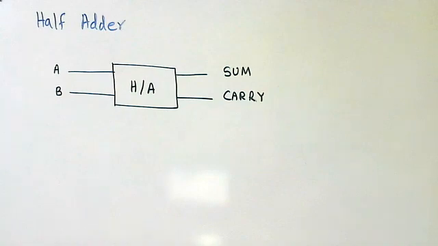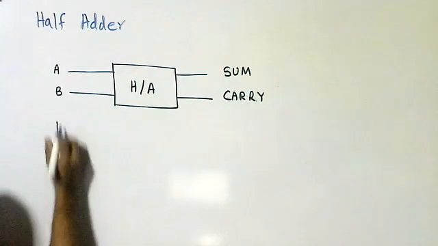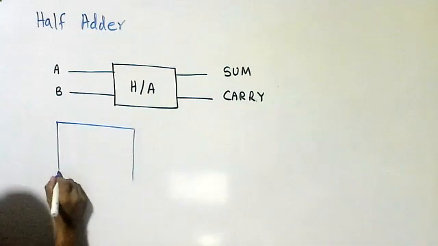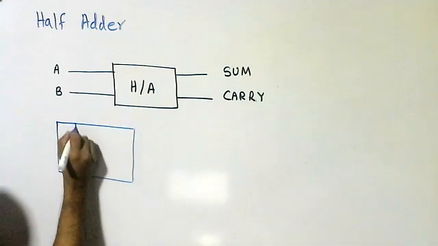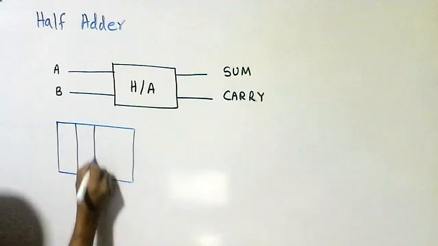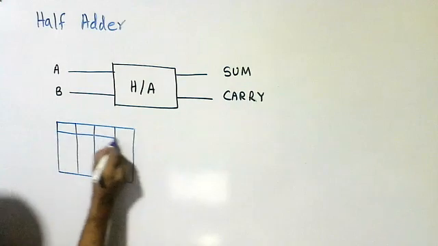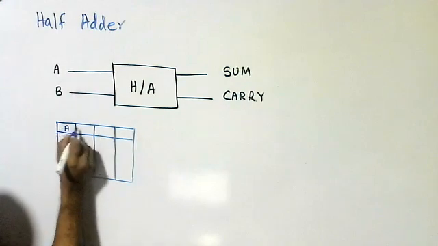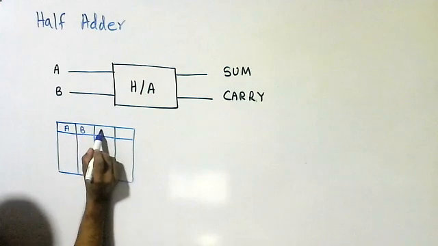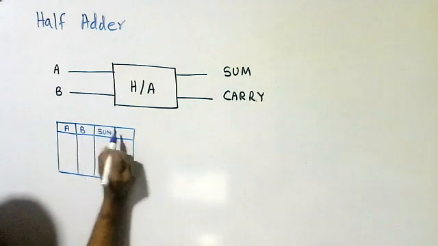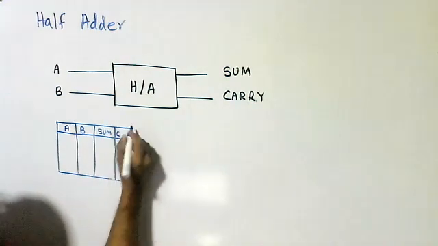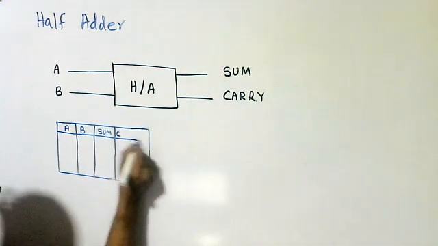Right, we will have a truth table related to this. Then we can design a logic circuit for this. I'm going to draw a truth table. Two inputs A, B, and two outputs, sum and carry.